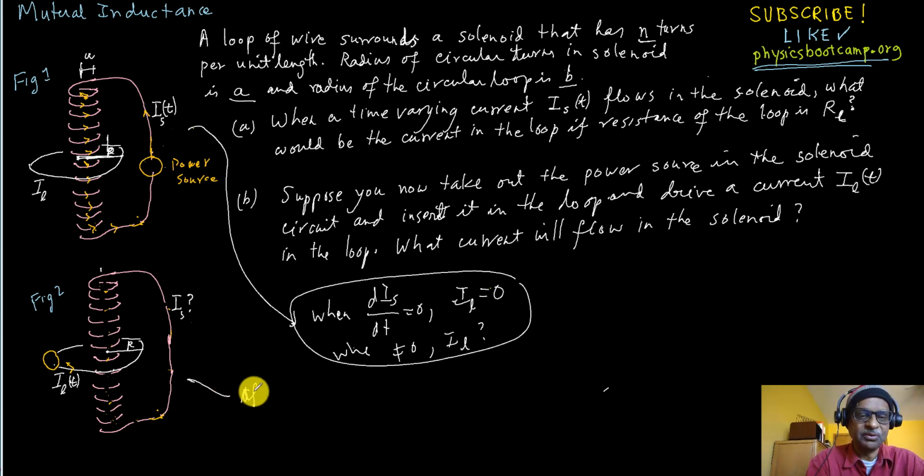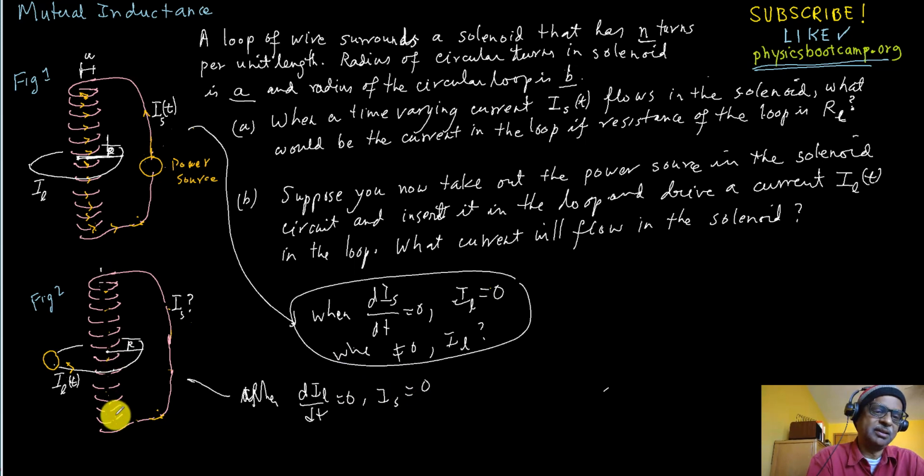If or when dI_L/dt equals 0, there will be nothing induced here. Current will go, there's a magnetic field, everything, but there's no flux change. And if this is not 0, then the question is, what is this? Now you have the question.